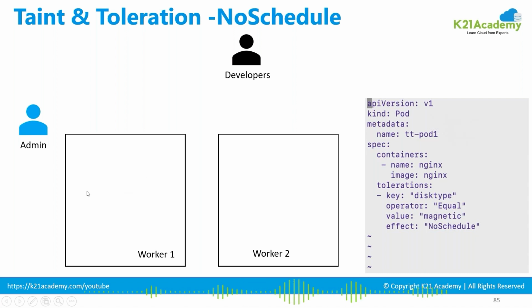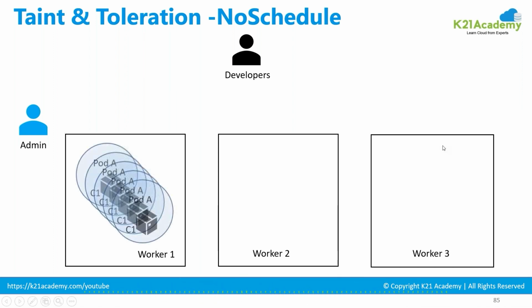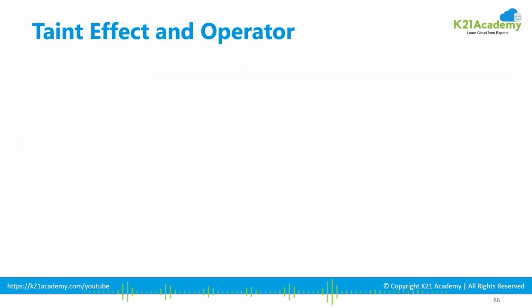So tolerate this pod, even though there is a problem, but tolerate this pod. That is the meaning of this particular definition. So what will happen if the pod gets created? It will get created on the worker 1 also, even though it is tainted, because it is matching the toleration condition. That is the meaning of toleration.